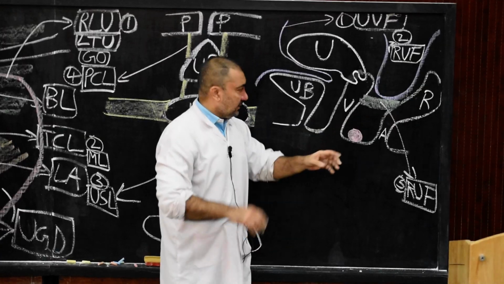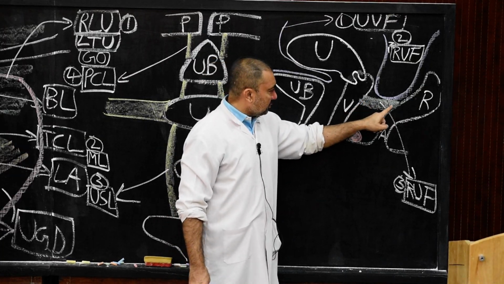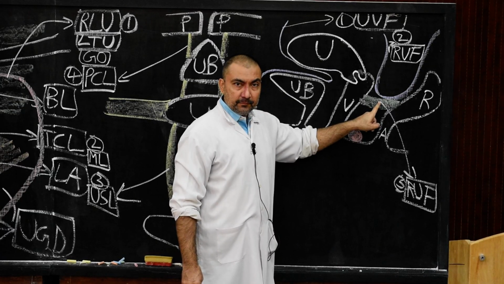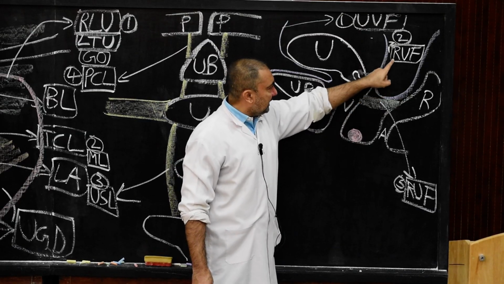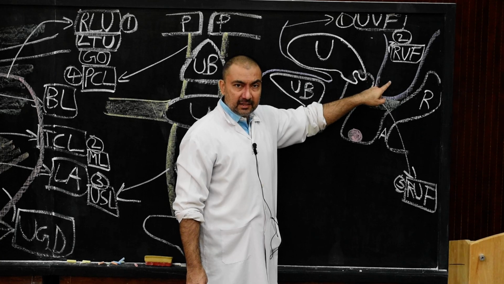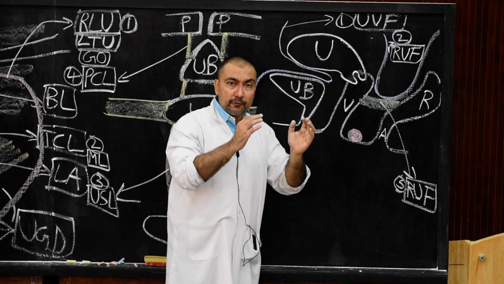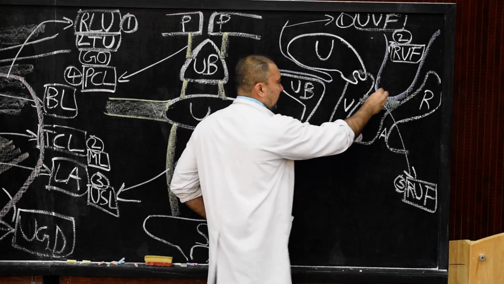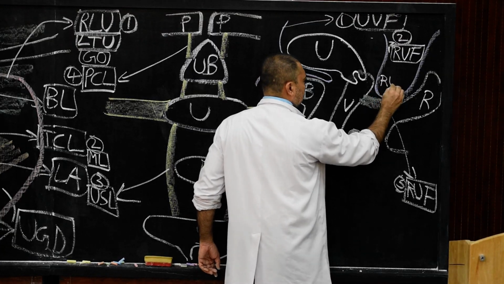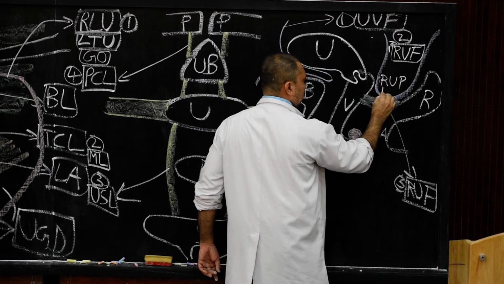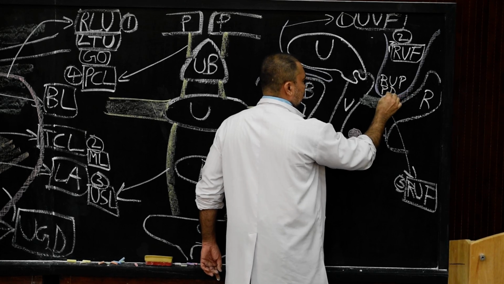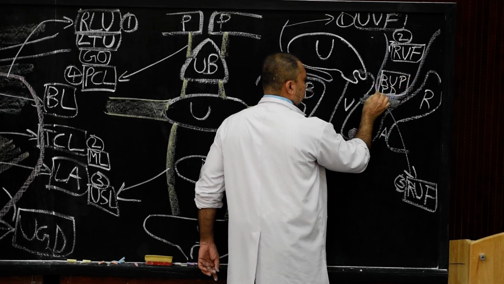On either side there will be a pair of recto-uterine folds. Here I am going to name this as the recto-uterine pouch, or pouch of Douglas. So this area is the pouch of Douglas.